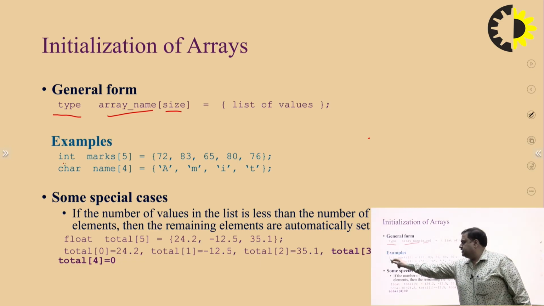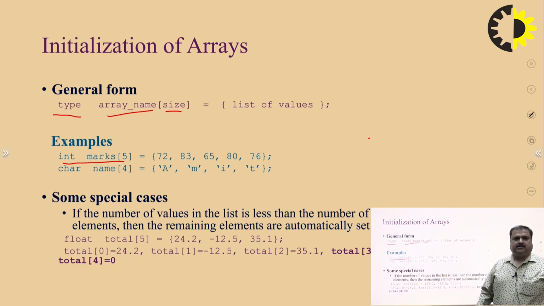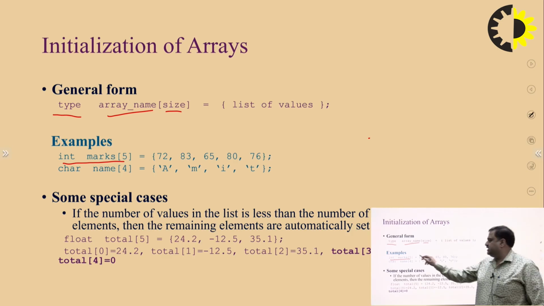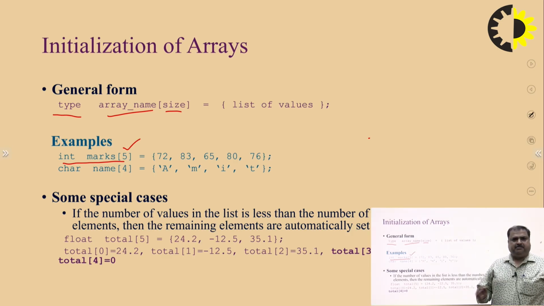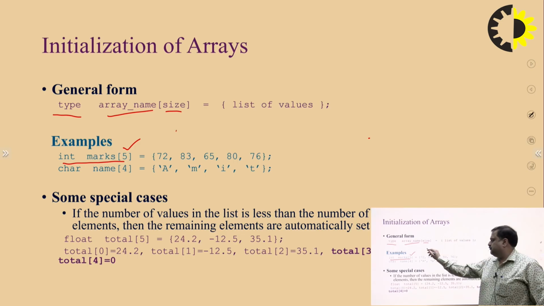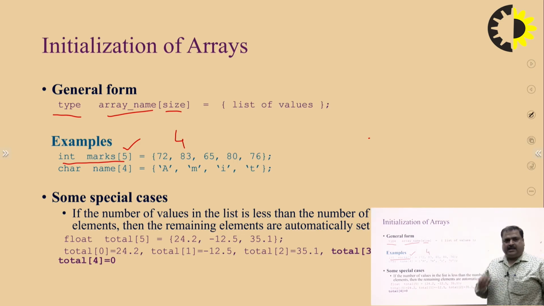For example, here we have taken an integer array marks, with size 5. It is of type integer, and in standard compilers the size of an integer variable is 4 bytes. How many elements are there? 5.